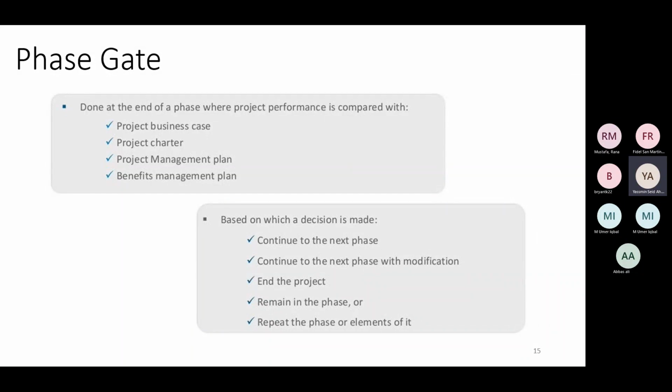And when we completed the requirement phase, whether my requirement specification document has been created, has been approved by the stakeholder or not, and based on the overall progress, then we make certain decisions, for example, whether to continue to the next phase.